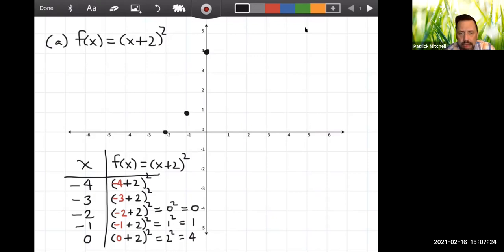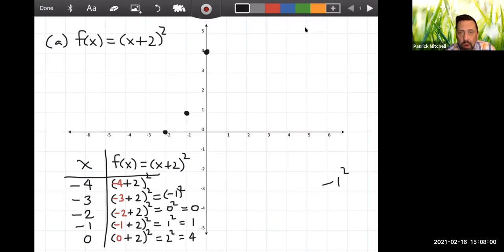Now, next thing we have to be careful. -3 plus 2 is -1. What is -1 squared? Well, it kind of depends on what you mean by that. Notice that the -3 plus 2 is in parentheses, which means the number I'm squaring is -1. You want to be really, really careful here that you don't accidentally do this, because that comes out to something different, right?